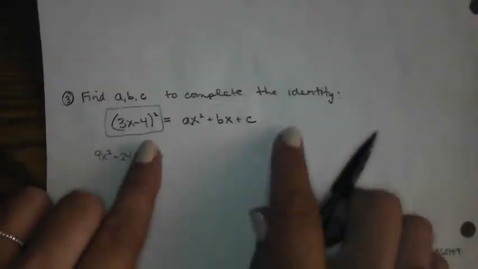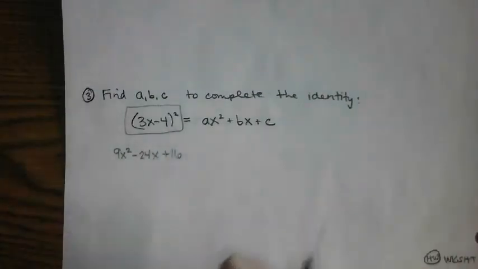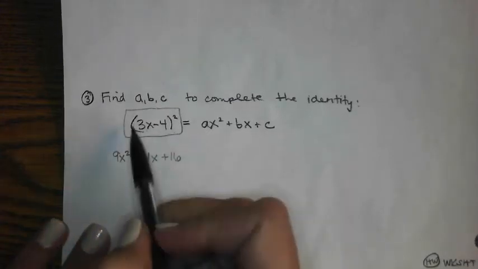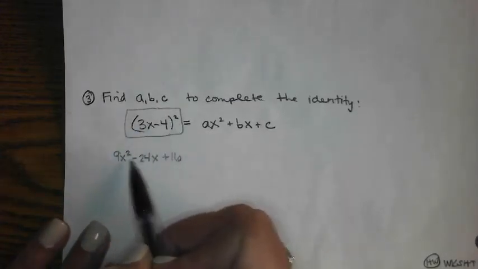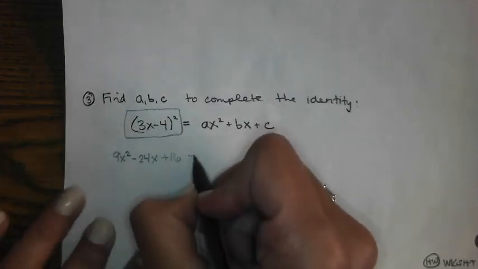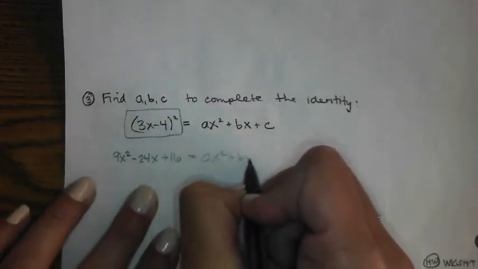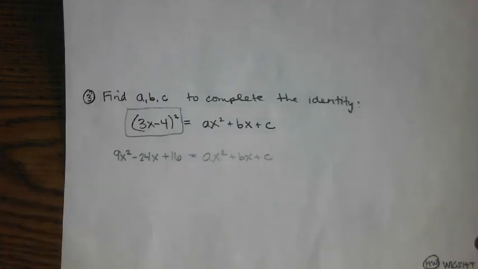Okay? Here, it's kind of getting at this concept where it's asking you to find what the a value has to be, the b value has to be, and the c value has to be to complete the identity. So when I squared this out, I got that. And that equals ax squared plus bx plus c. I can't really simplify the right. So what does the a value have to be?